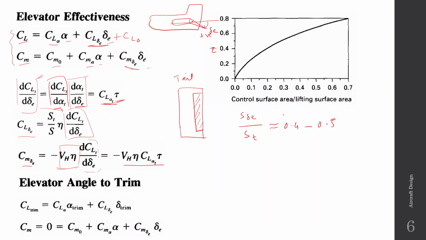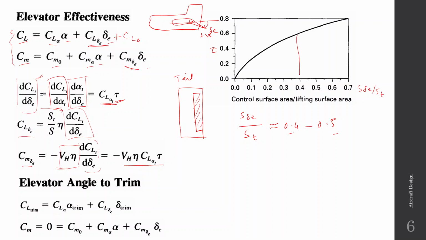Okay, and from aerodynamic studies this graph has been plotted. In this case the x-axis is S delta E by ST, and the y-axis is tau. From aerodynamic studies, it has been found that there is a relation like this. And so generally this ratio for an aircraft is 0.4 to 0.5.